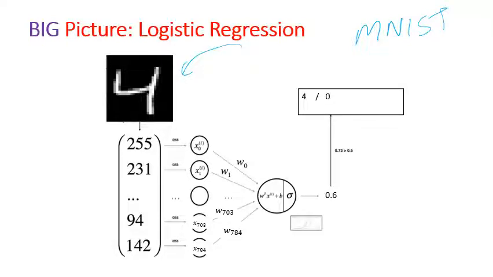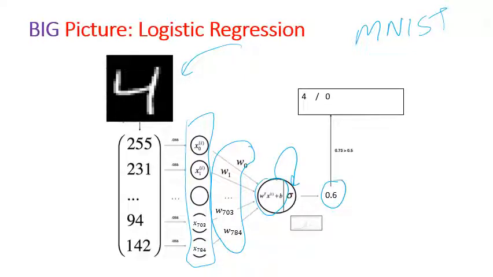I flatten this image and feed it to this input. And these are some random weight vectors, which may not be correct in my first iteration. I just take a dot product, feed it to a sigmoid function, and I get some prediction, that is 0.6.